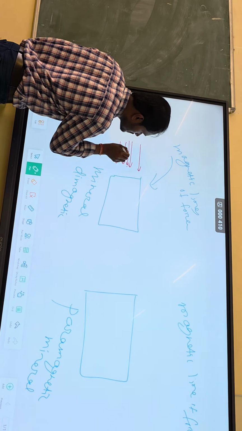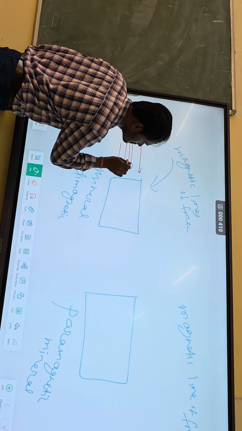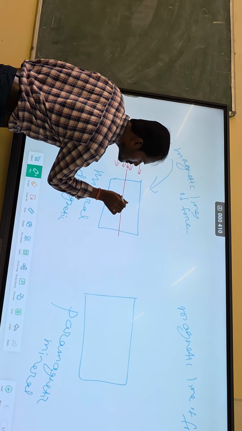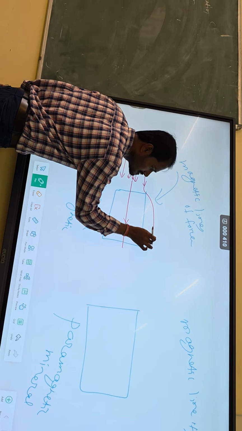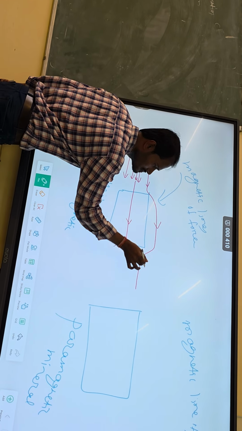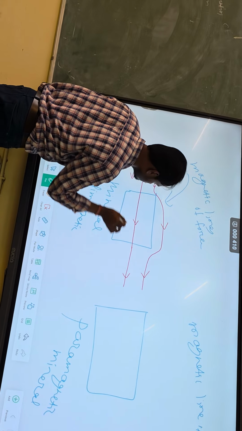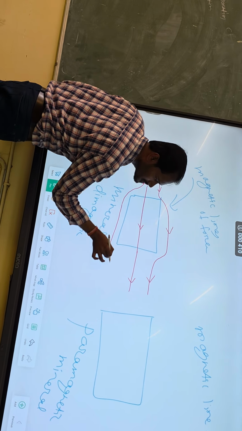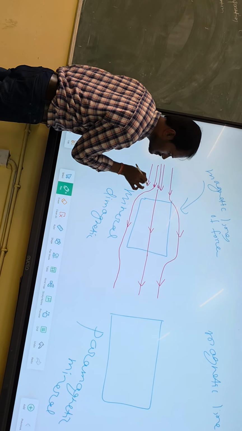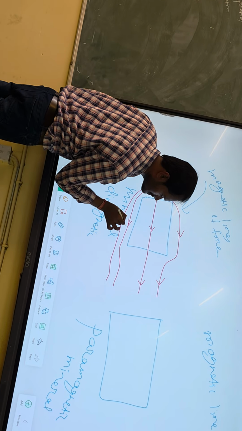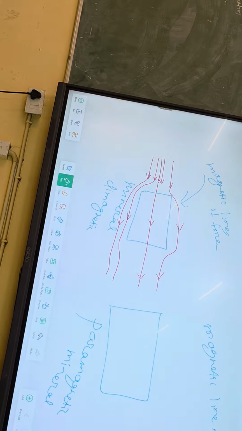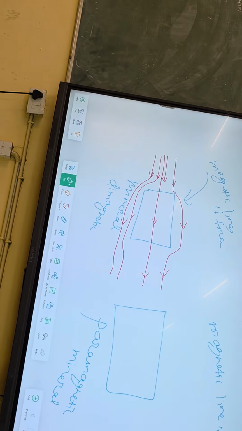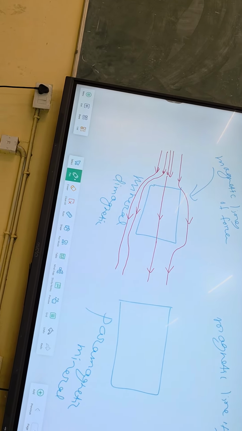This will go here, but these two lines will move like this. These two lines will not. You might study this in physics. Yes, sir, this is paramagnetic. So whatever magnetic lines of force are coming, they will get diverted. They will not get concentrated into the minerals.